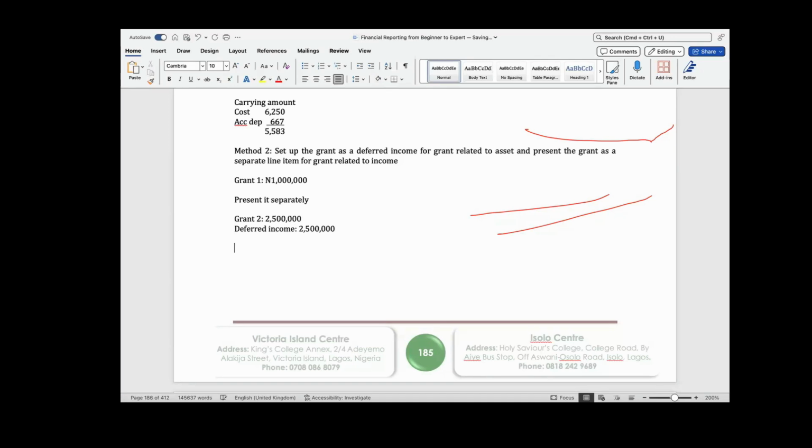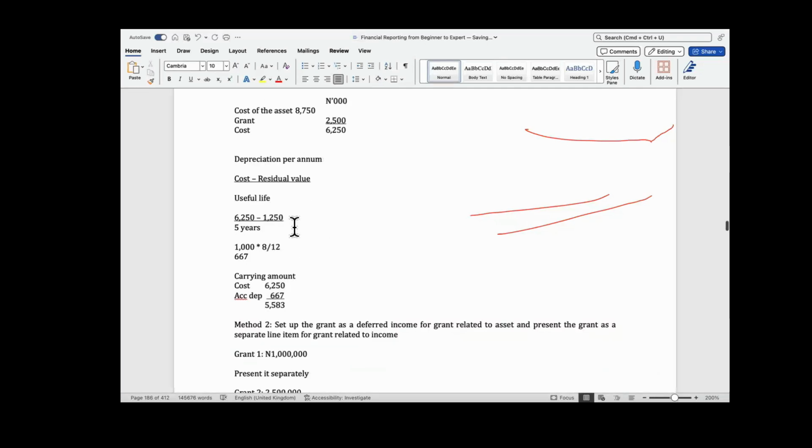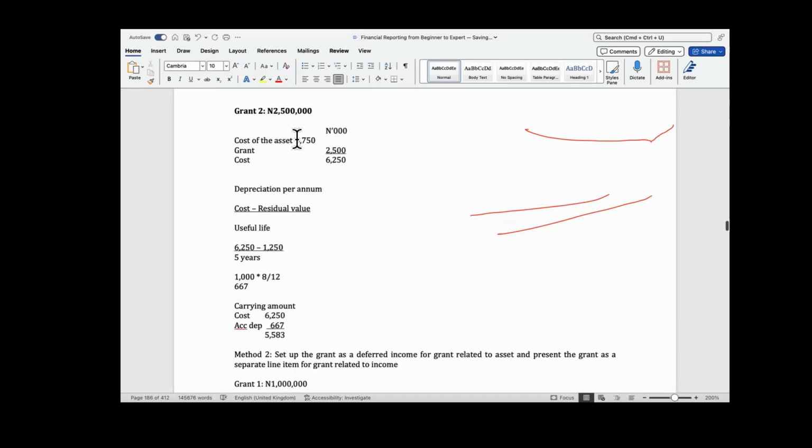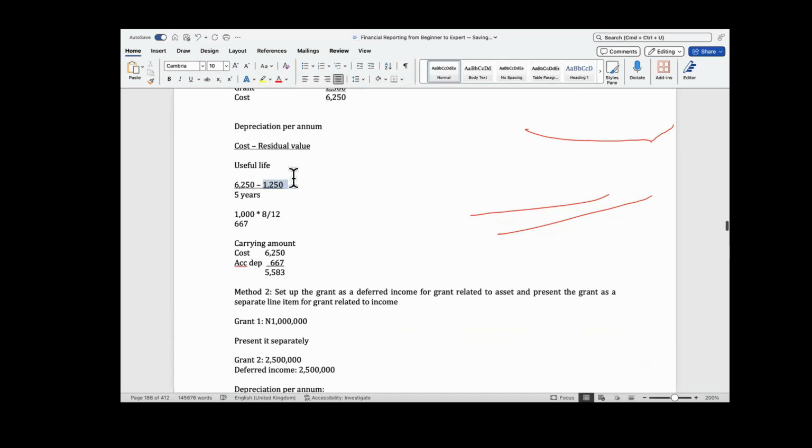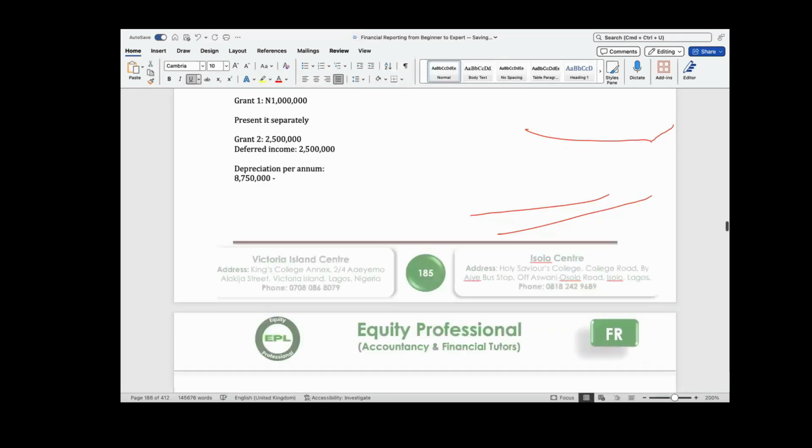And since the cost of your assets will not change, the depreciation per annum of that asset becomes the cost, which nothing would touch, 8750 minus residual value, which is 1250, divided by the useful life of 5 years.